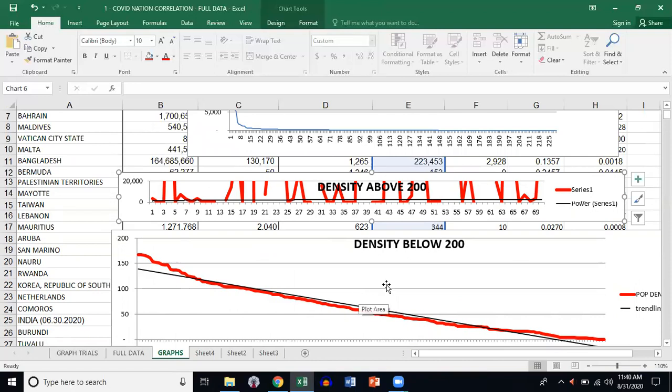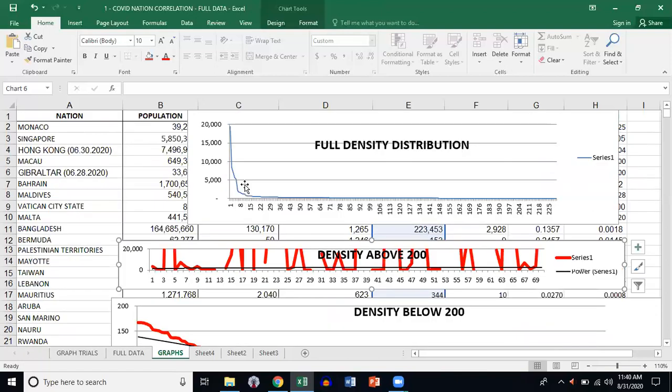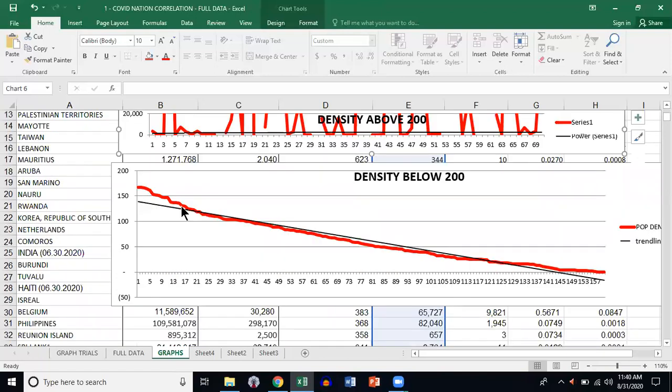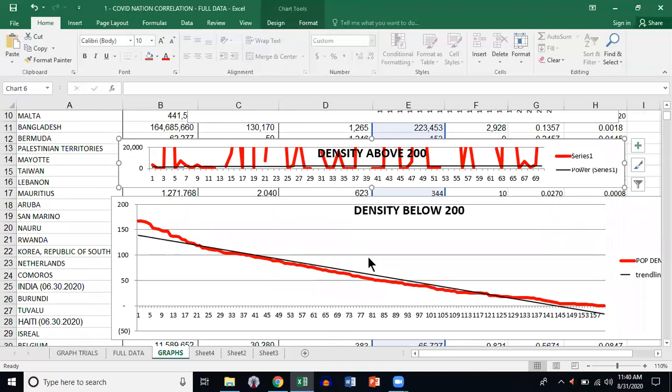This is on population. If we were to do graphs on area or population itself, we would get similar graphs, starting with a steep power, and then if we start parsing the data in significant areas, we will be moving toward a linear relationship.